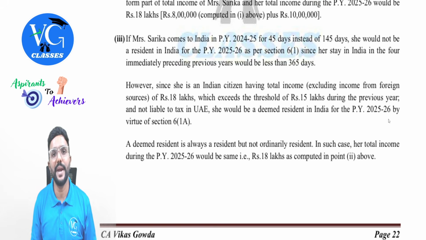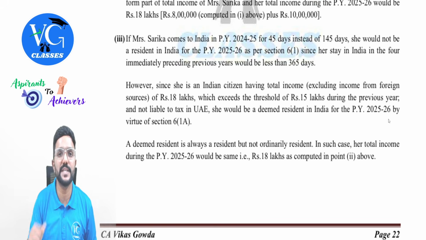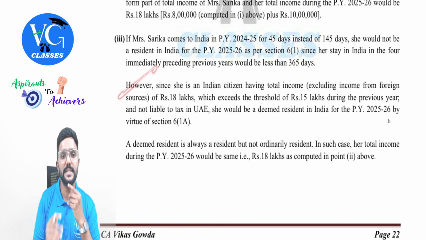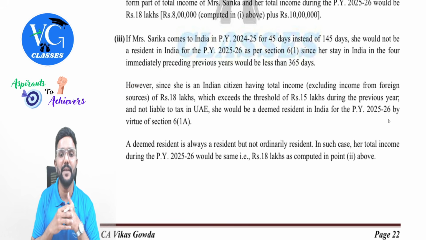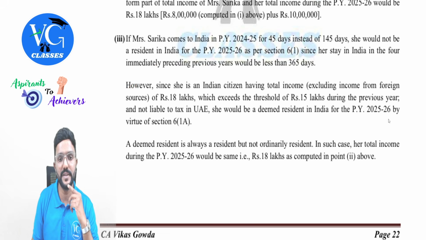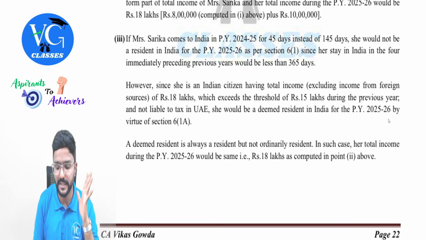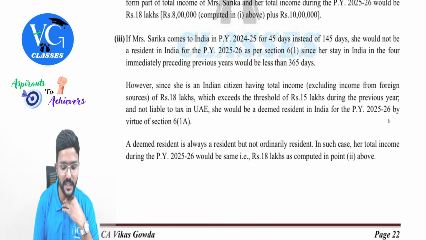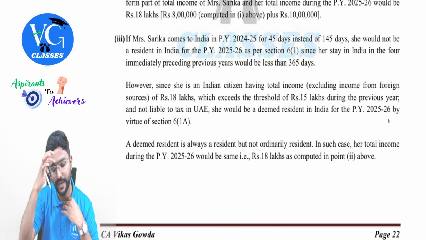So can we go ahead and knock the door of section 6.1A? Yes. However, since she is an Indian citizen having total income excluding the income from foreign sources of rupees 18 lakh, which exceeds the threshold limit of 15 lakh during the previous year, and not liable to tax in UAE, she would be resident or deemed resident in India for the previous year 25-26 by virtue of section 6 subsection 1A.